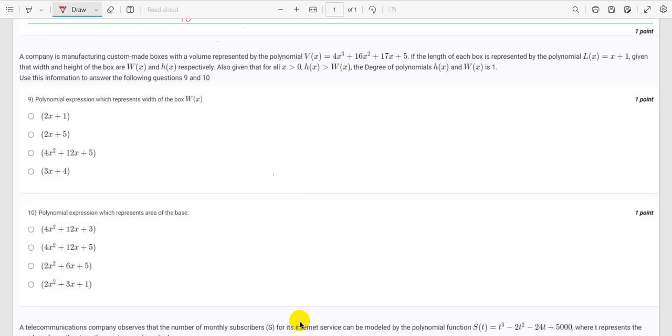Next one, a company is manufacturing custom made boxes with a volume represented by the polynomial V(x). This is our polynomial function.